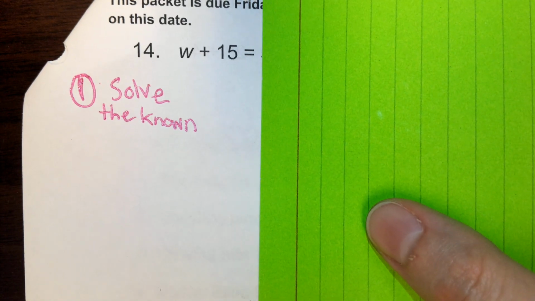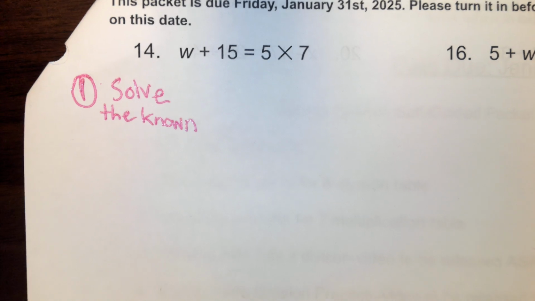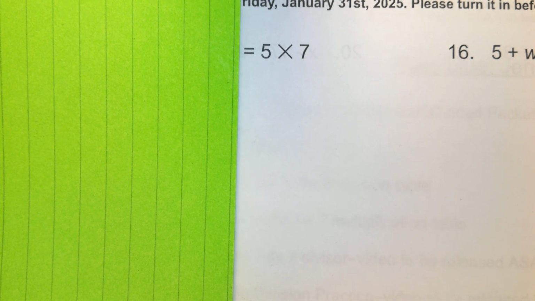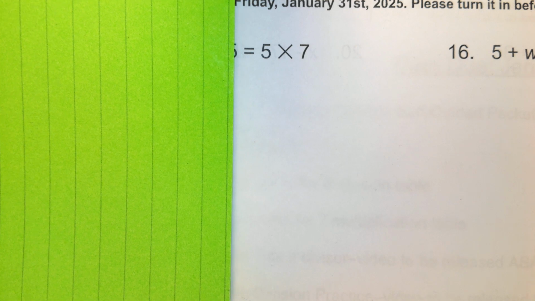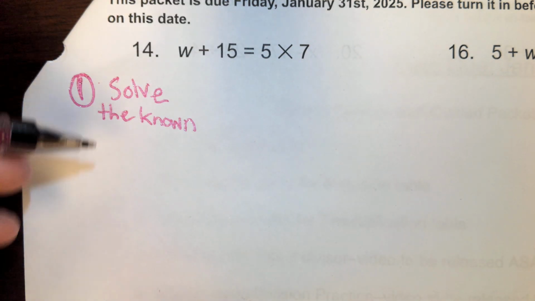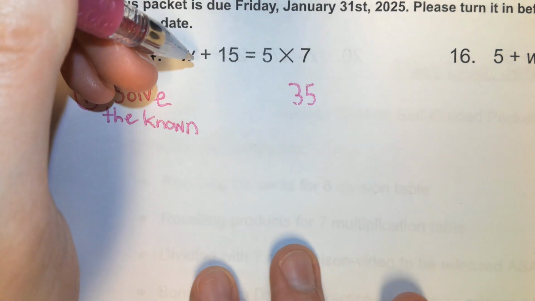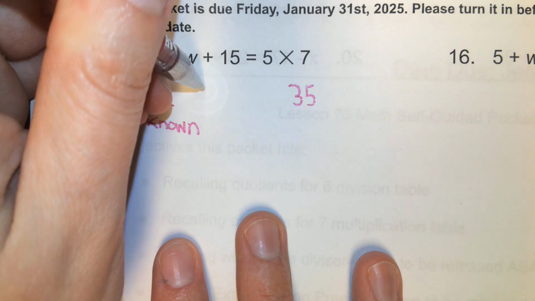And we don't know what w is. W is our mystery number, so that's probably not it. But we can figure out what 5 times 7 is. And 5 times 7 is going to be 35. So w plus 15 is going to be 35.